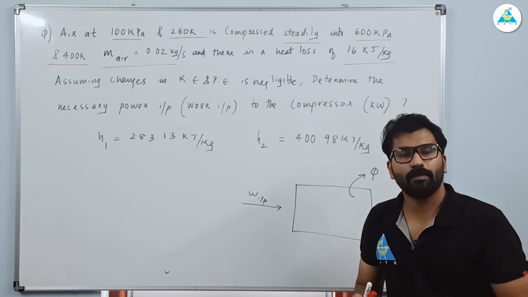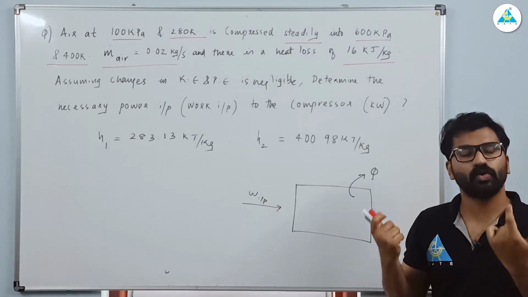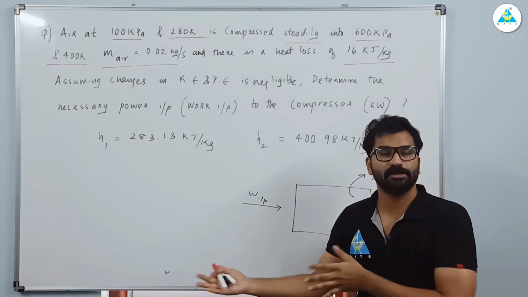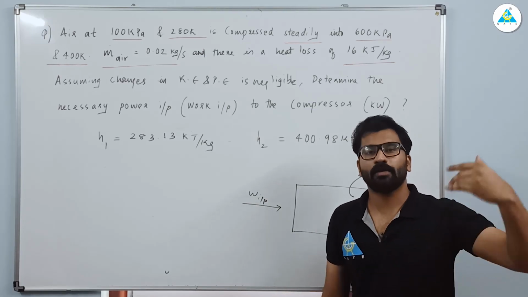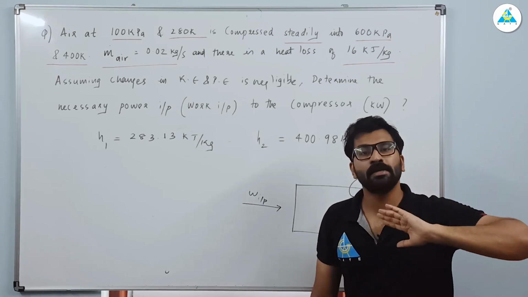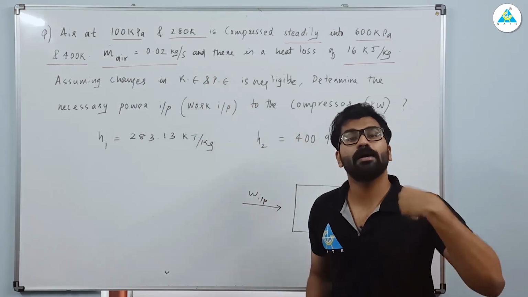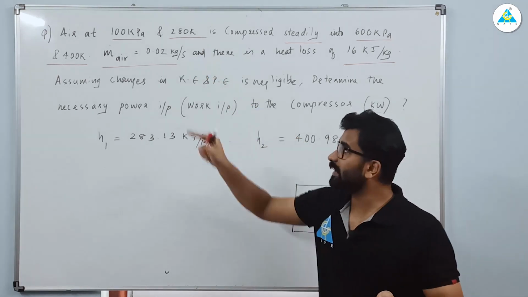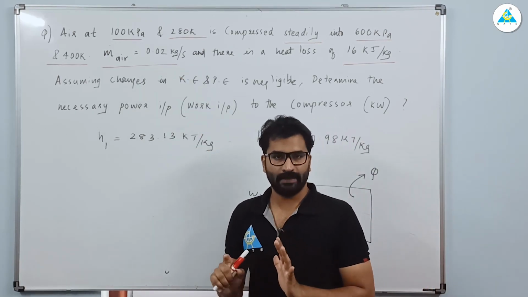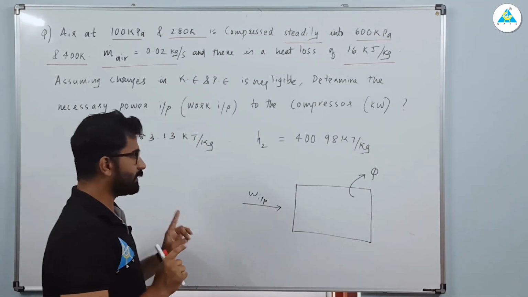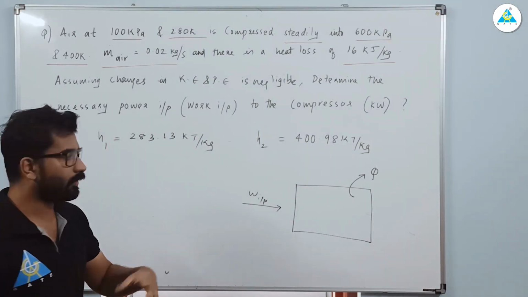But the problem here is what? It is an open system. So you have to use what? Open system energy balance. हम closed system balance apply नहीं कर सकते. Whatever equations we have developed in the closed system, we cannot use it here because there is a mass flow in. ठीक है? So whenever there is a mass flow in, you cannot use the closed system equation. Clear? यहाँ तक तो समझ में आ गया ना? So next we will see how to solve this particular part.